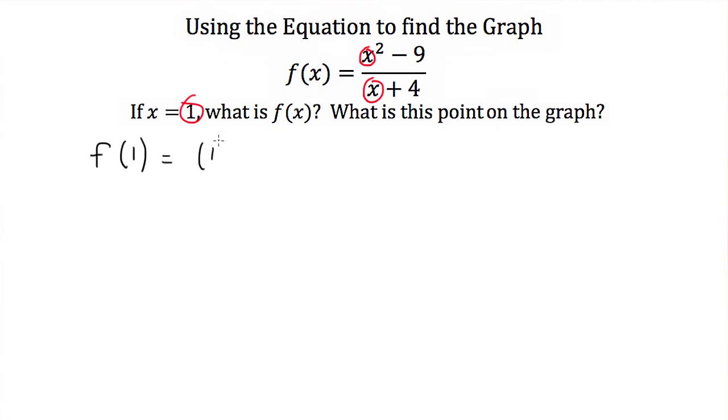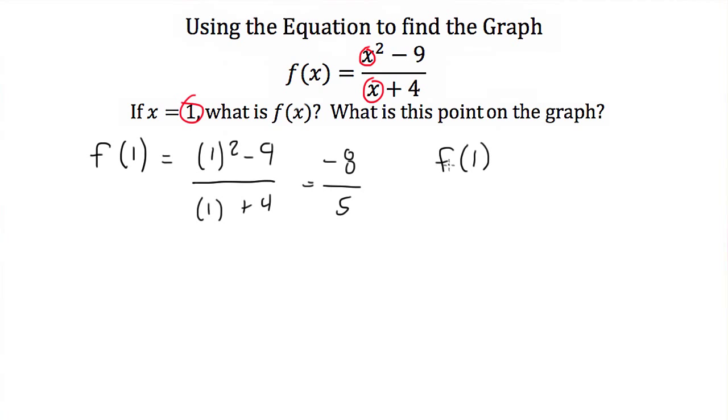So we have 1 squared minus 9 over 1 plus 4. 1 squared is 1, subtract 9, that's a negative 8. 1 plus 4 is 5. So our function value, when x is 1, is equal to negative 8/5.